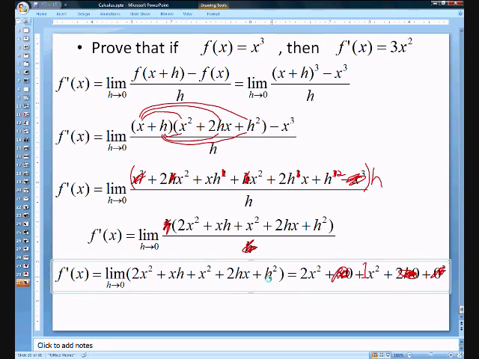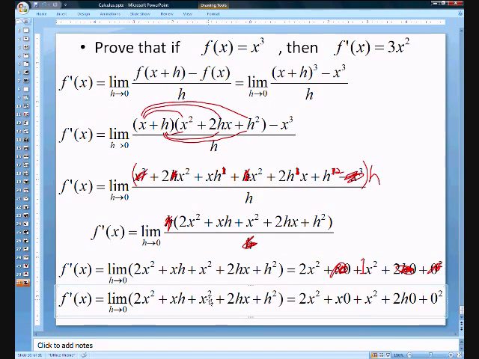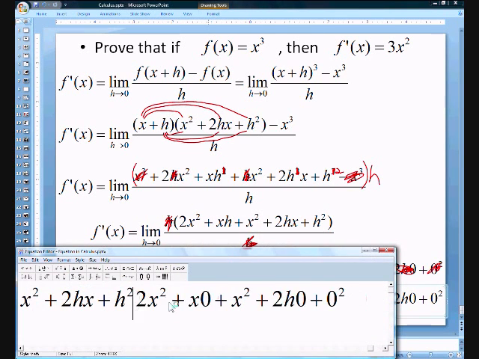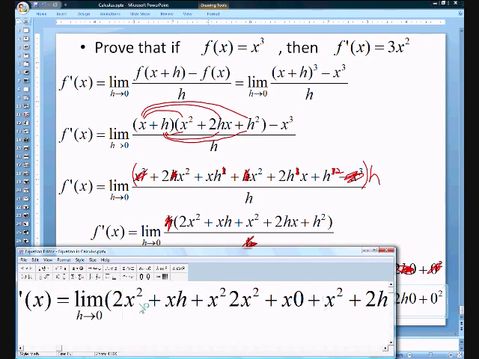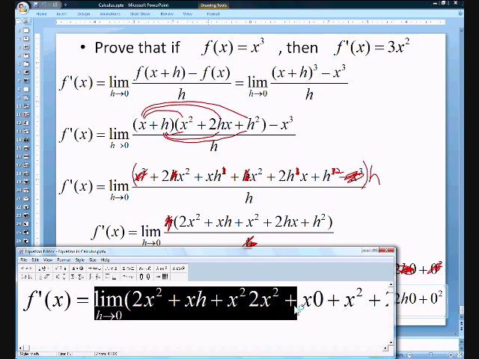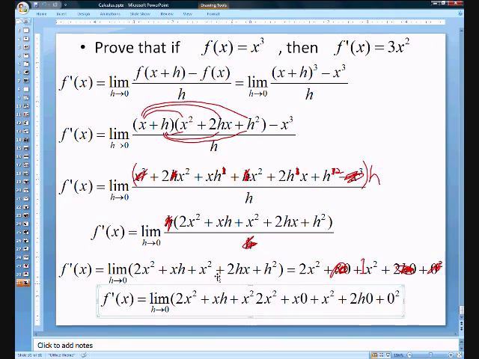So our final answer is going to be, let me get rid of all this. Ugh, I just messed up. Let me copy and paste that again.